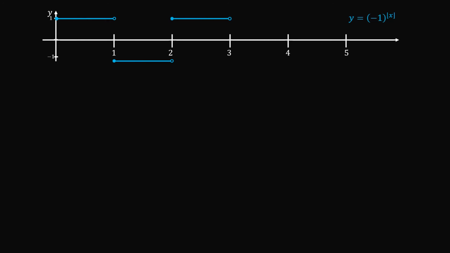And then from 2 to 3, since the floor function value there is 2, (-1) squared is going to be +1. And then from 3 to 4, since the floor function value there is 3, then (-1) to the power 3 is going to be -1. And then from 4 to 5, the floor function value there will be 4, so (-1) to the power 4 is going to be positive 1.